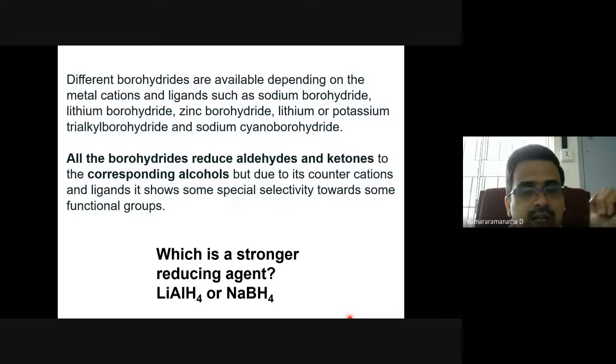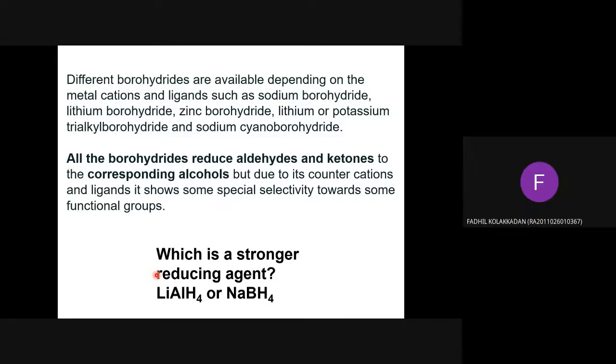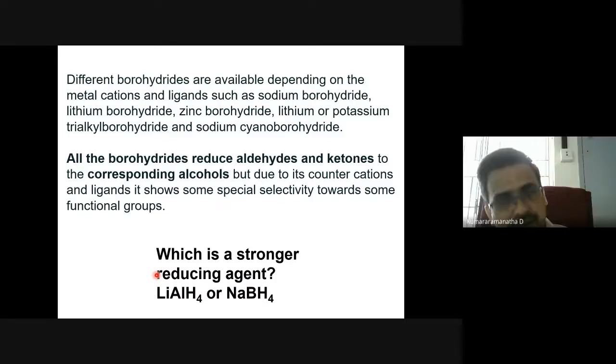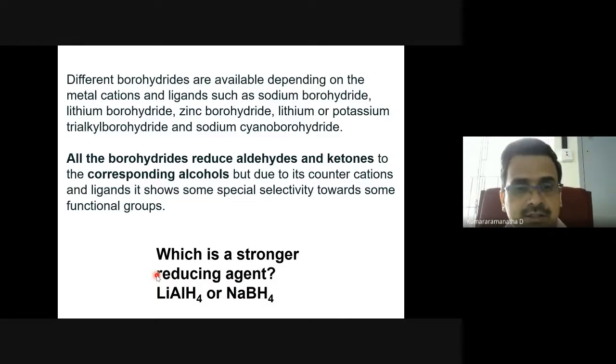Now, I think by now many of you are already aware. Lithium aluminum hydride or sodium borohydride, which one is the stronger reducing agent? Anyone in the class? Lithium aluminum hydride. Lithium aluminum hydride is the stronger reducing agent. It is like potassium dichromate with respect to oxidation, where it oxidizes very fast.